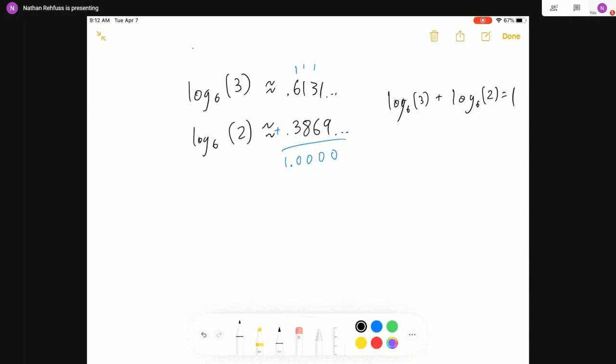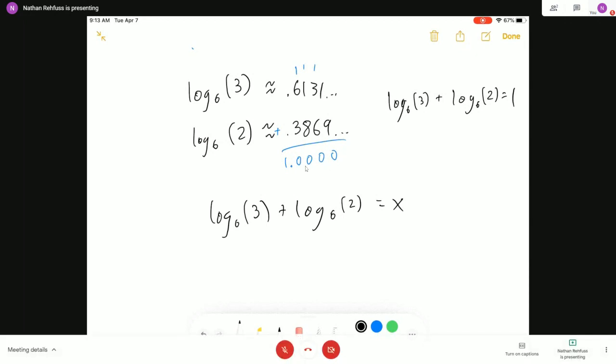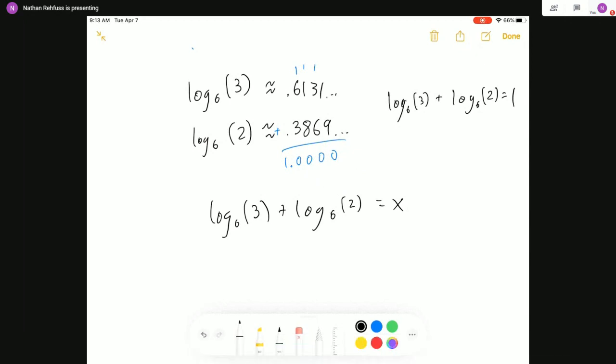Log base 6 of 3 plus log base 6 of 2. If I just say this is some number x, and I already know that x is very, very close to 1, but I want to prove that it's exactly 1. If I have this equation, okay, I can take 6 to the power of each side.